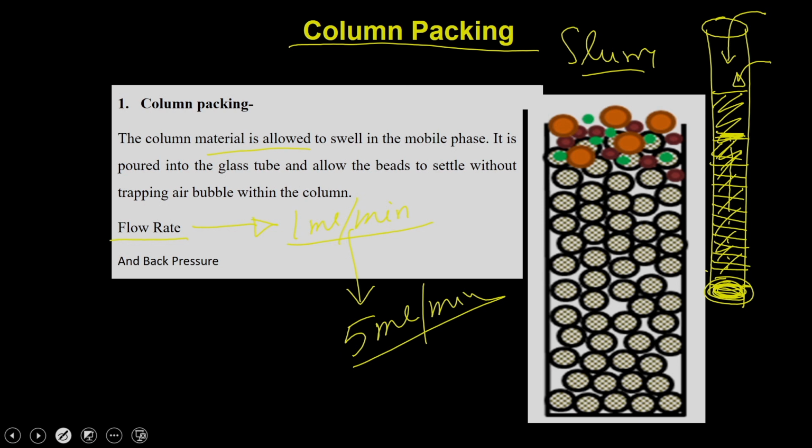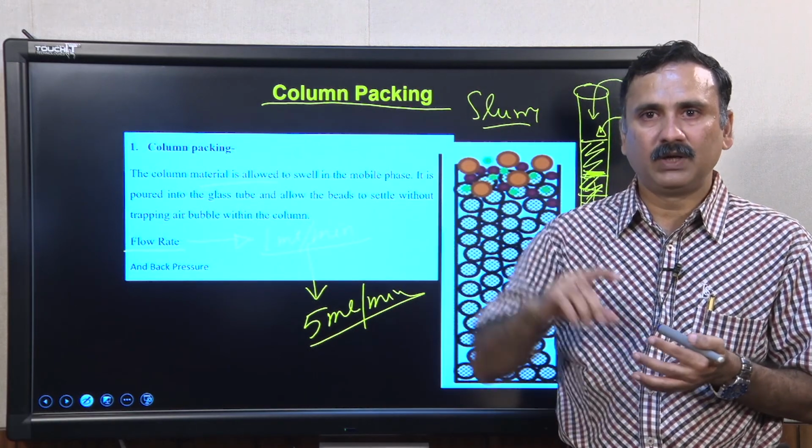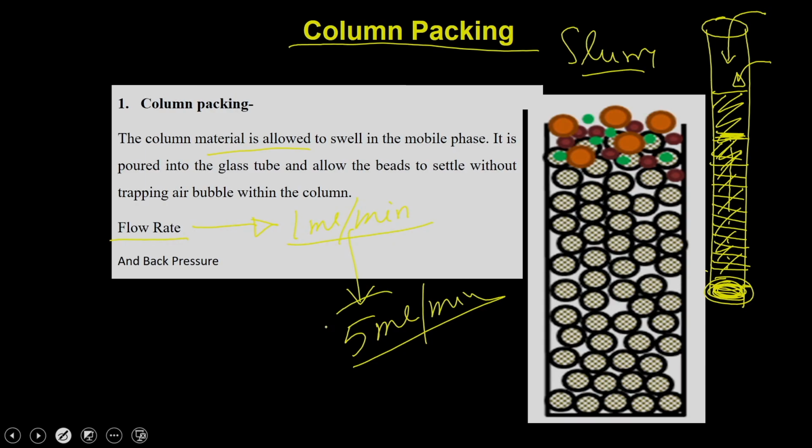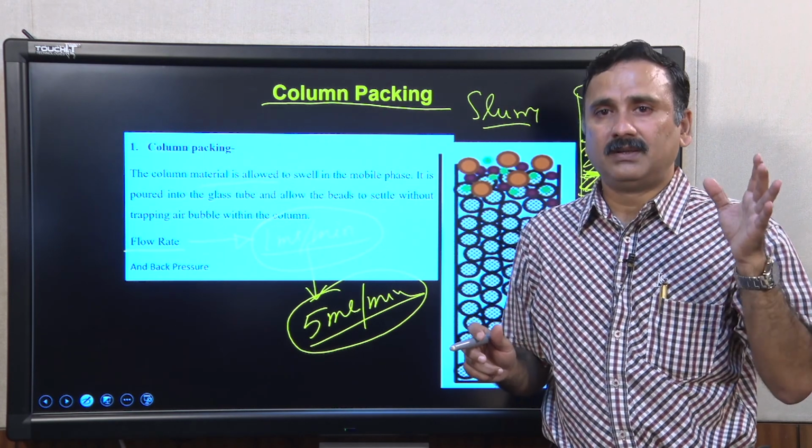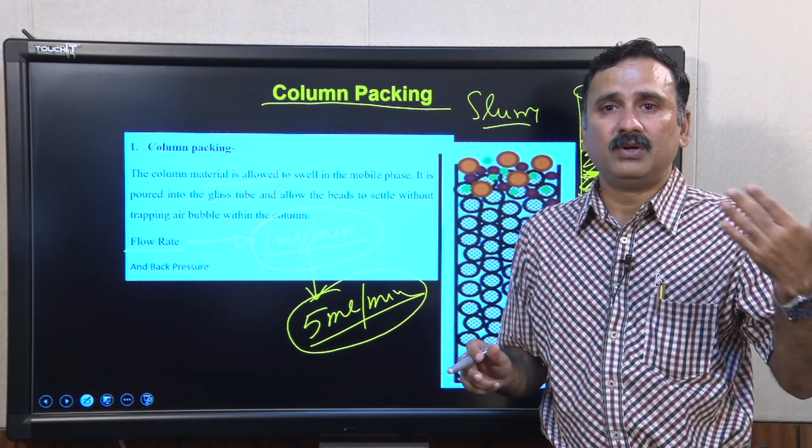So, if I connect this column to a peristaltic pump or any pump, so that the flow of liquid is there, I will do the packing at 5 ml per minute, and then I can operate this column at 1 ml per minute maximally, because that is the back pressure this column can withstand.